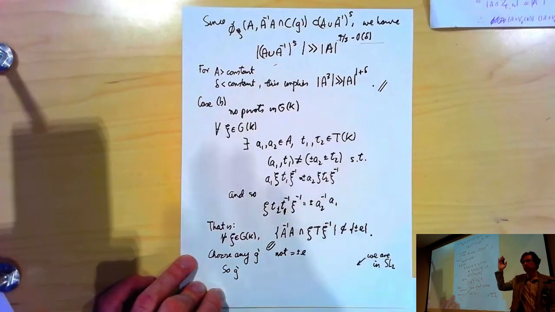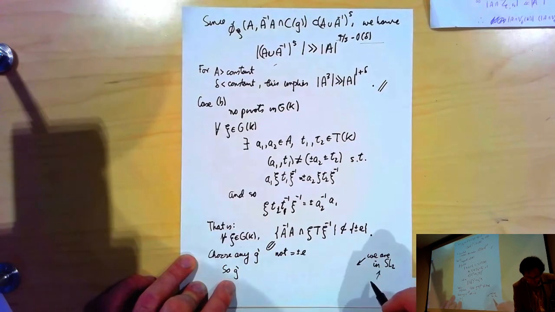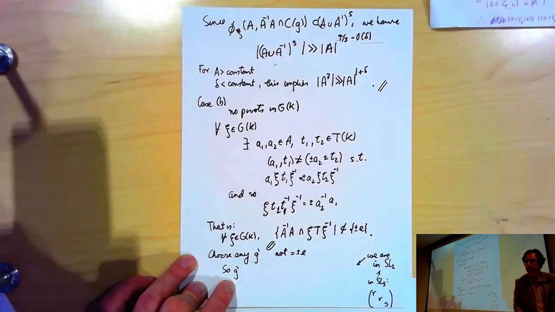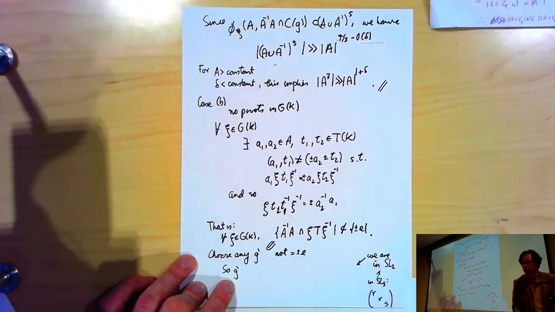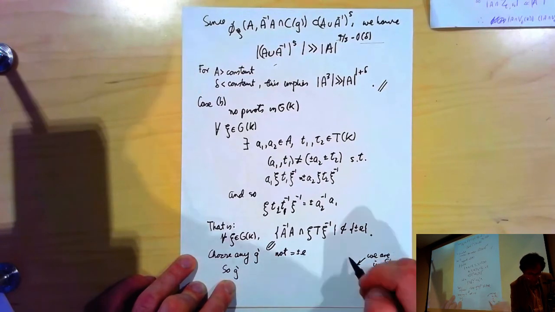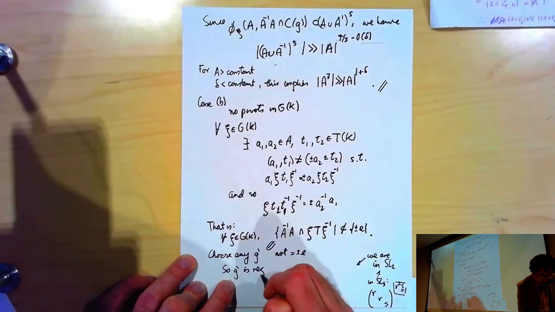I mean, if you have a diagonal element in SL2, so it's R, R minus 1, and R is not plus minus 1, then R is different from R minus 1. This warning is just the fact that in SL3, you can have things such as R, R, S, right? Where this is not regular semisimple, yet it's not the identity. You just find R and S such that R squared S equals 1. This is just a little warning. So here we are not in SL3, so G prime is regular semisimple.